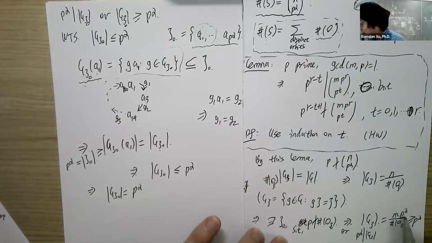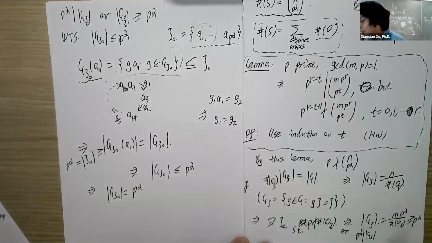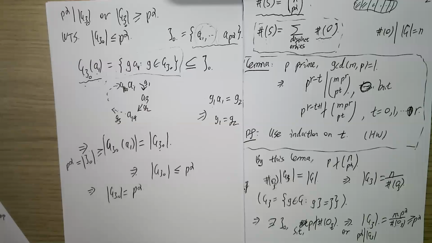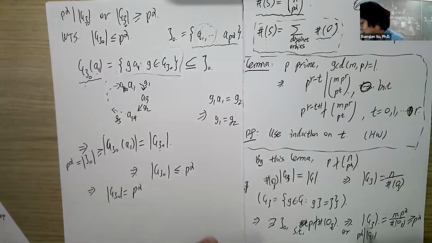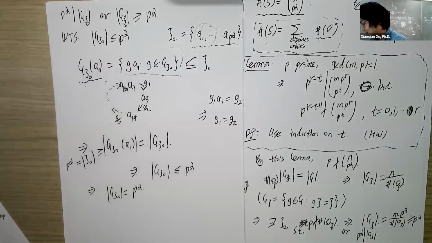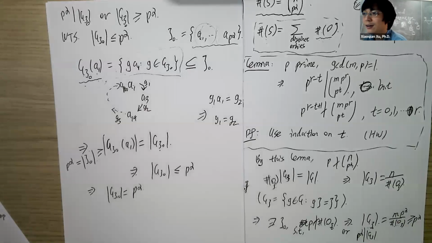So it's actually m over this guy times p to the power alpha. M over this guy is an integer, so it's greater or equal than p to the alpha. Okay, thank you. And of course, since G C0 is actually a subgroup, it must divide this p to the alpha. Cannot be anything else.